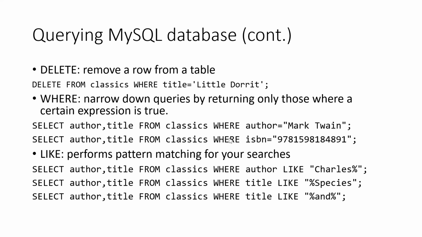Here you will see narrowing down the author and title from the classics. The first where clause we limit to author Mark Twain, and the second one we limit with ISBN. Then there are attributes like the like operator. Especially when you want to get similar values, for example two names that start with Charles but the surnames were different, you can retrieve that like this.